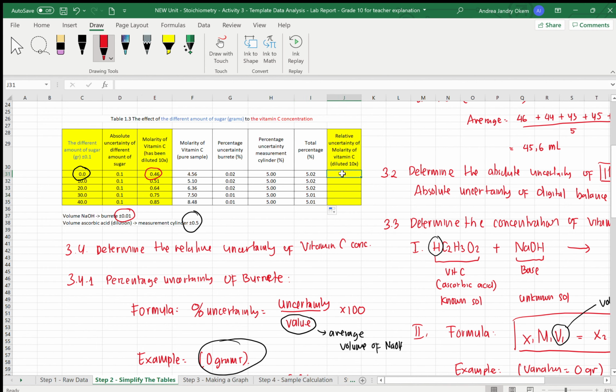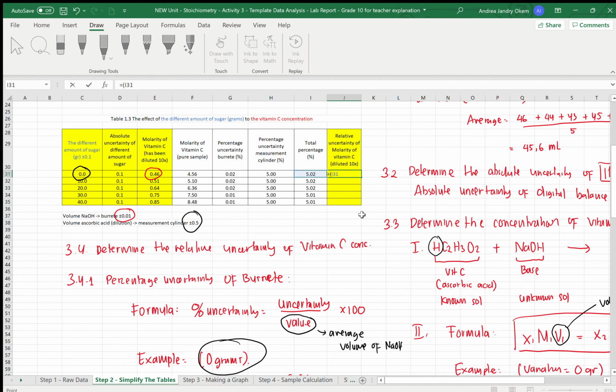Now, if we want to find the relative uncertainty, remember we just used the concentration of vitamin C that has been diluted 10 times. So focus on the concentration of vitamin C that has been diluted. So equals, open the bracket, we select the total percentage because this is not in percentage calculation.